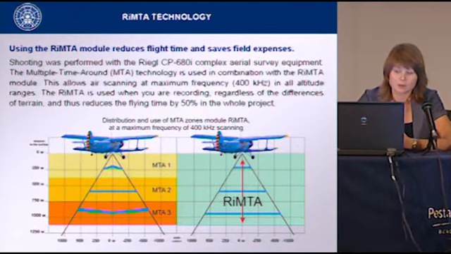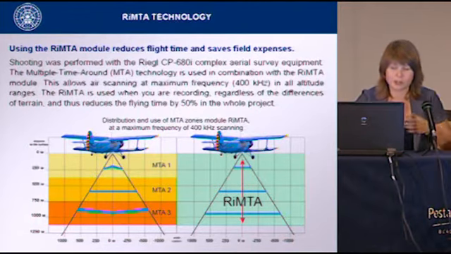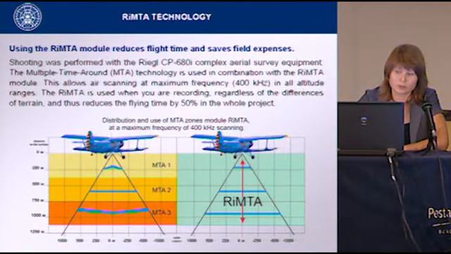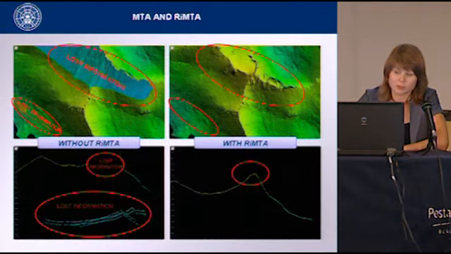The new module allows us to not pay too much attention to this altitude corridor, and in mountainous area this is very good, and it can save a lot of flight time. One can fly at any altitude by using the maximum frequency of scanners. We used 400 kilohertz, and it allowed us to maneuver a lot and change the altitude, and not to do new flybys in the same place.